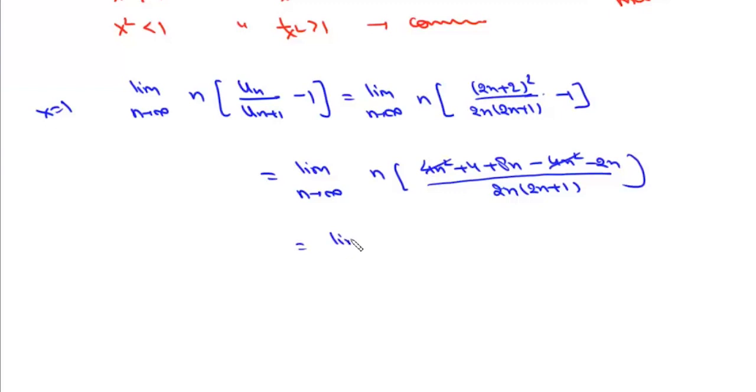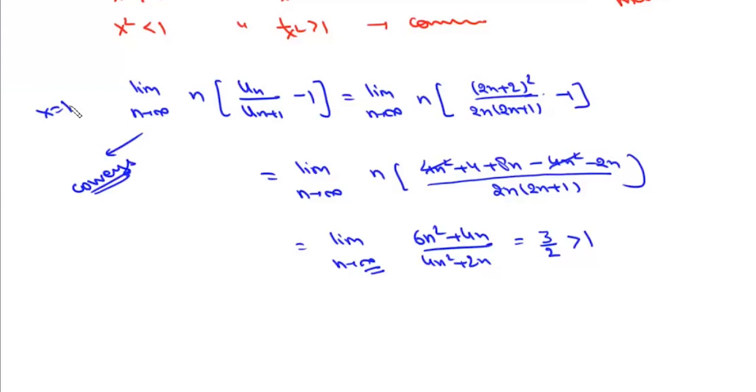We can write this as this limit n tends to infinity 6n square plus 4n upon 4n square plus 2n. Now it is an infinite limit. Highest power is n square. So the value of this limit is simply 3 by 2, and 3 by 2 is greater than 1, which means this series converges.